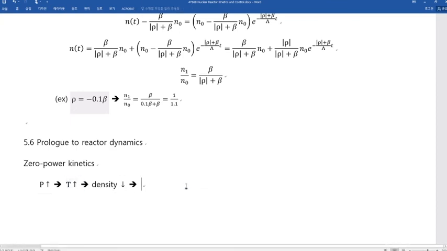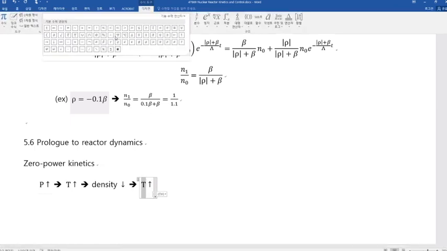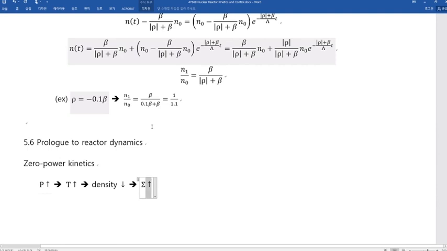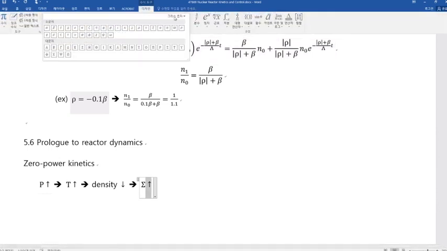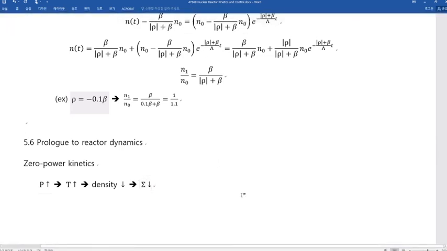Then the macroscopic cross sections, sigma, also decrease. So the fission cross section will decrease, and of course the absorption cross section possibly also decreases.